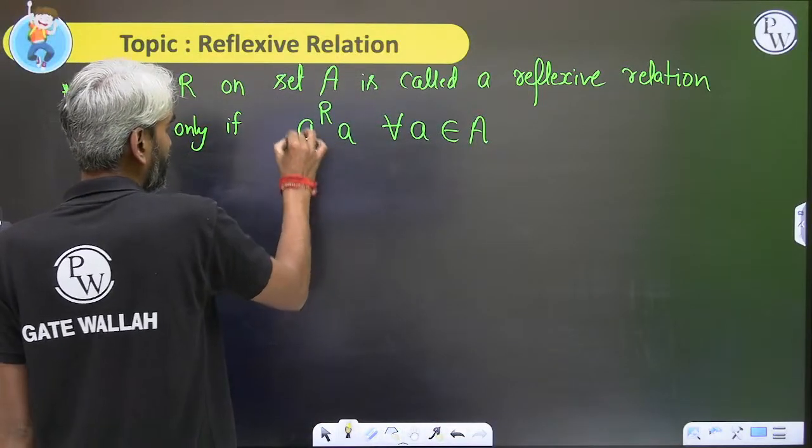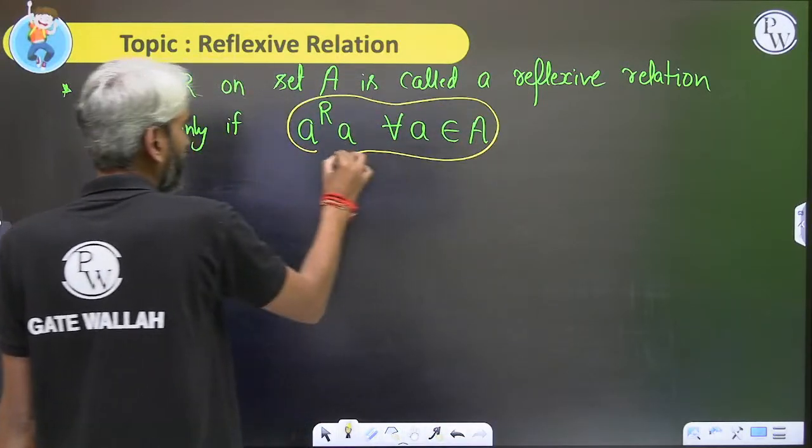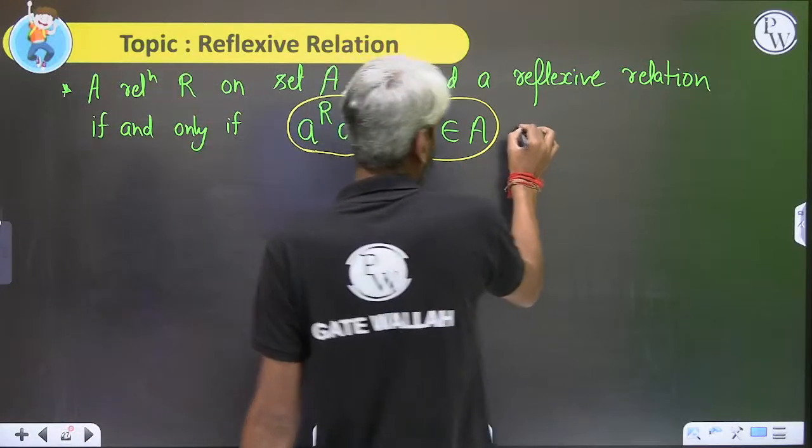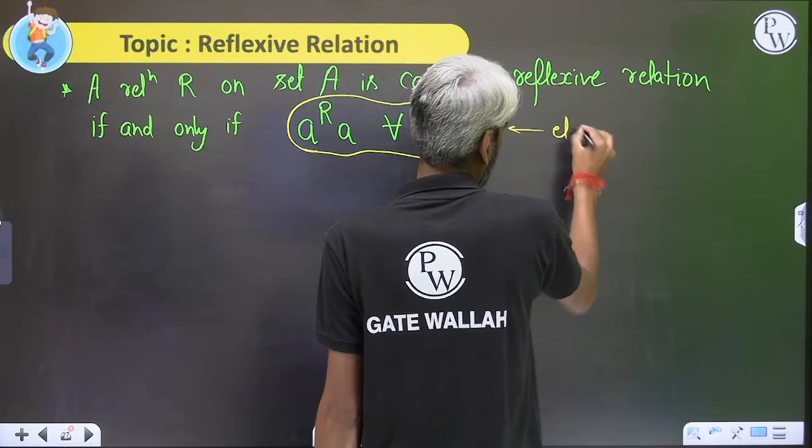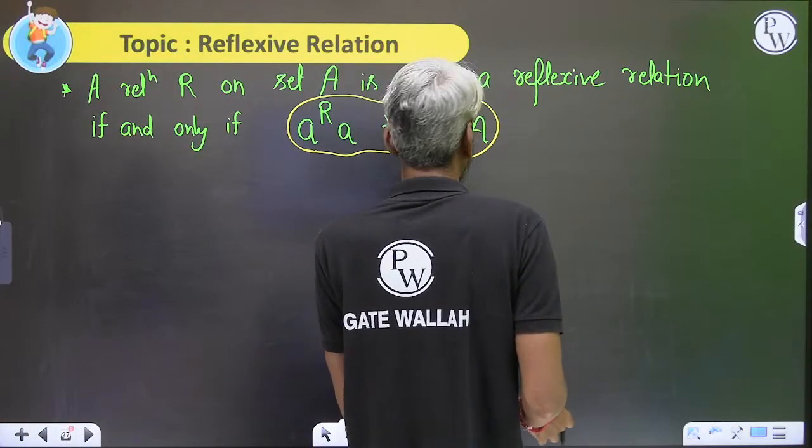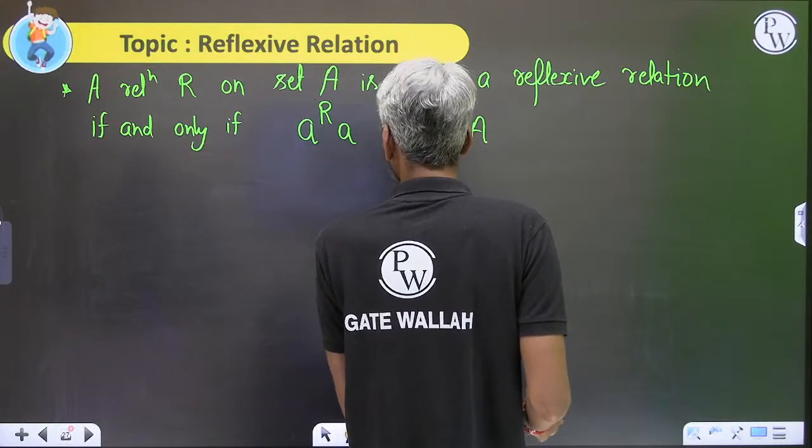What does it say? It says element a relates with a. Just try to understand.